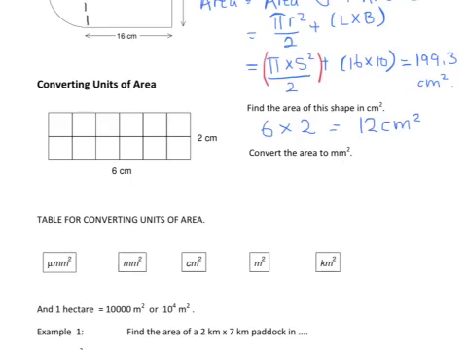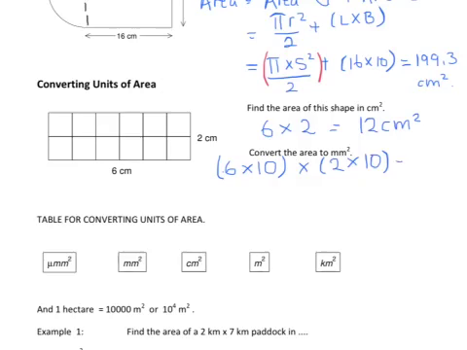I want it in millimetres squared. Well, I could have done that by converting 6 centimetres into millimetres by multiplying 6 by 10, so 60 millimetres, and then multiplying the 2 centimetres into millimetres, so 2 times 10, 20 millimetres.